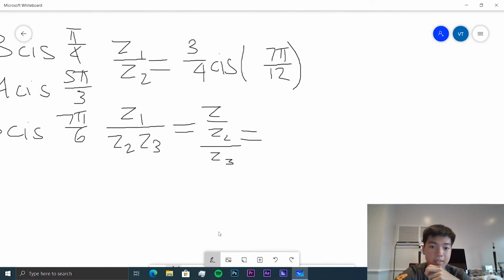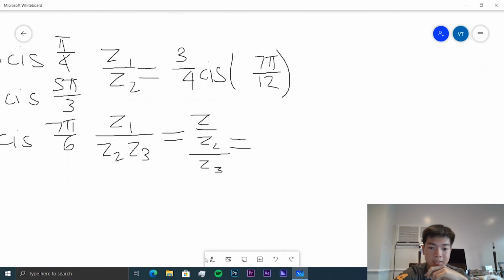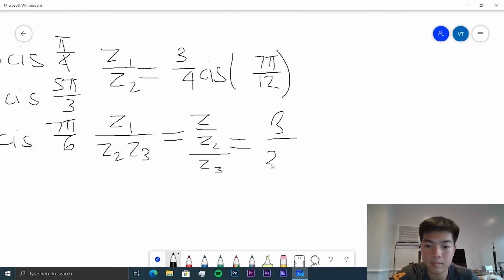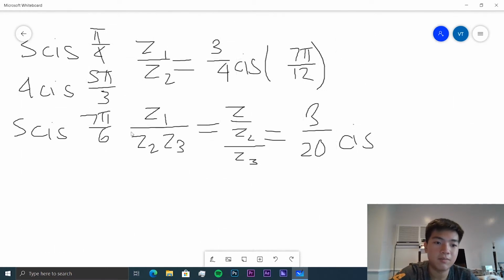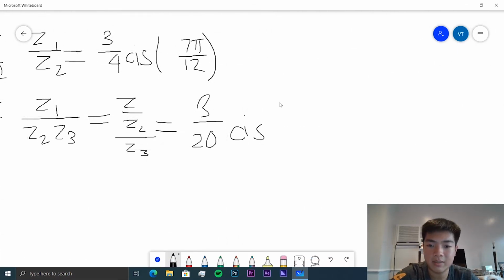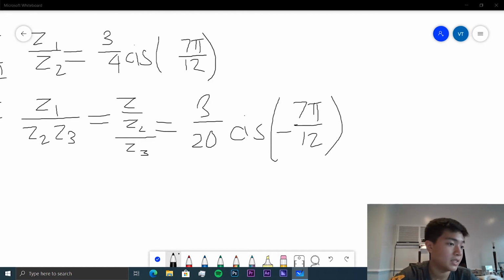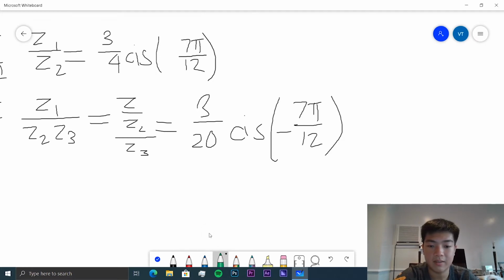So this is going to be equal to 3 over 20 CIS, and then 7 pi over 12 minus 7 pi over 6 is negative 7 pi over 12. So that should be our answer. Yeah, very nice.